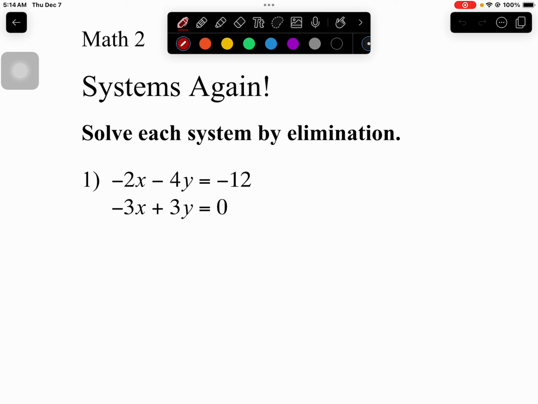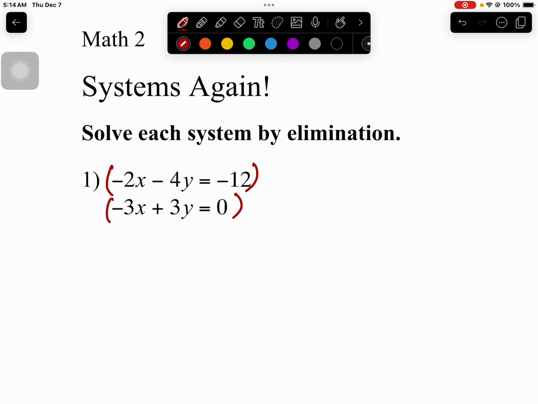But in order to eliminate one of the variables, the number in front of the variable needs to be the exact same. So the easiest way to do this is to multiply both equations by the other equation's x coefficient.